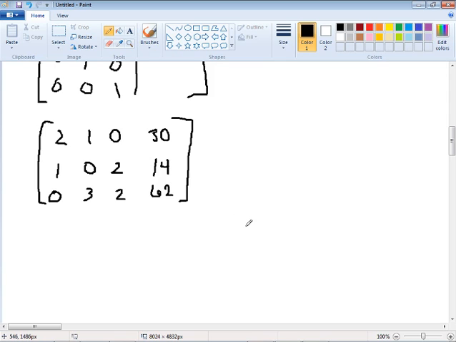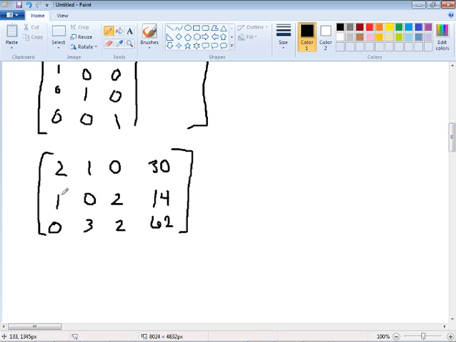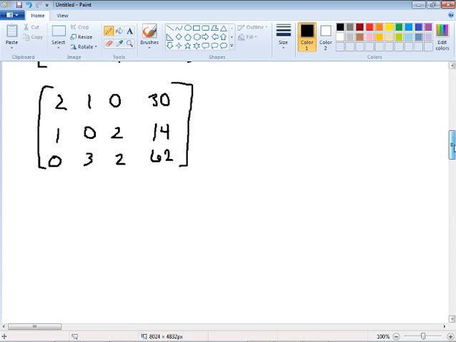First thing we're going to notice in this particular matrix, in order to get it to look like this, we want a 1 at the top. Well, I'm going to look down this particular column, the A column, and see if there's a 1 already there. And there is. There's a 1 right here in this row. So what I'm going to do is change this row and this row and flip them.